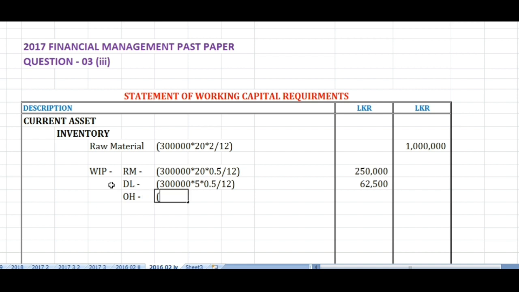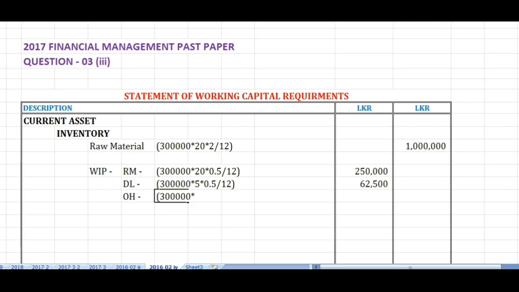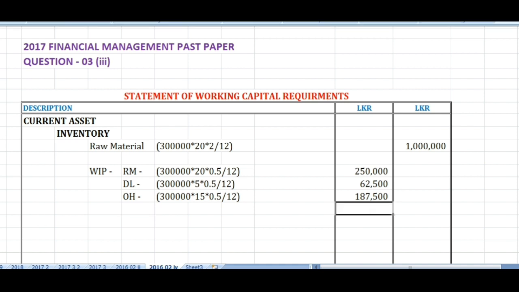Overhead value. 300,000 activity level, overhead value for the per production unit 15 rupees, 15 rupees into half month, so the overhead value for the work in progress is 187,500 rupees. Now we can total the work in progress.